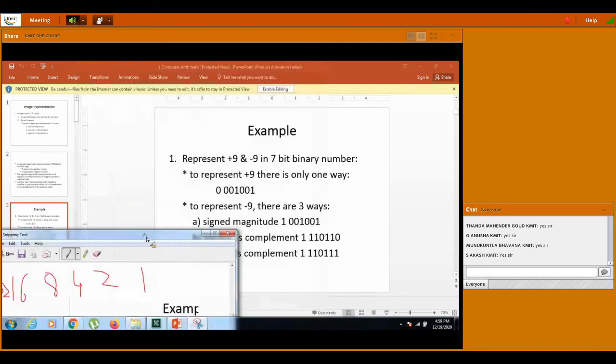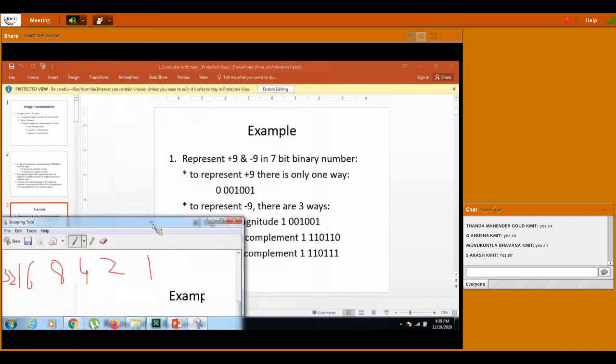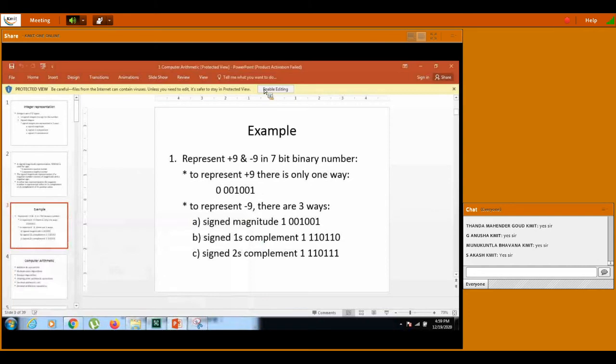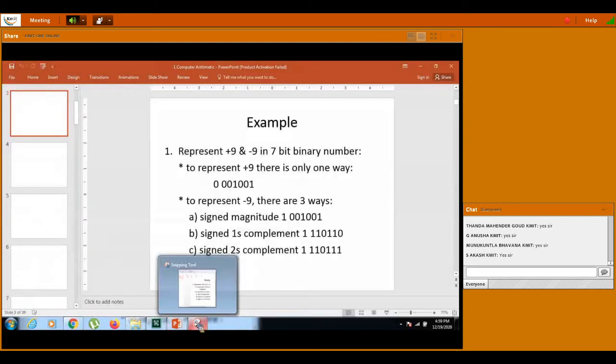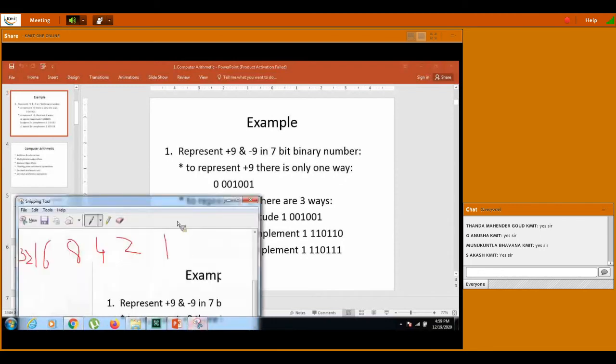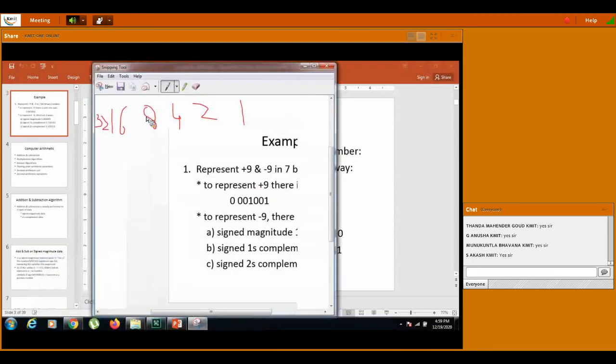Now see here. You are representing a 7-bit binary number. So 1 2 3 4 5 6 7, I will say 0 0 0 0 0 0 0, 7 zeros.